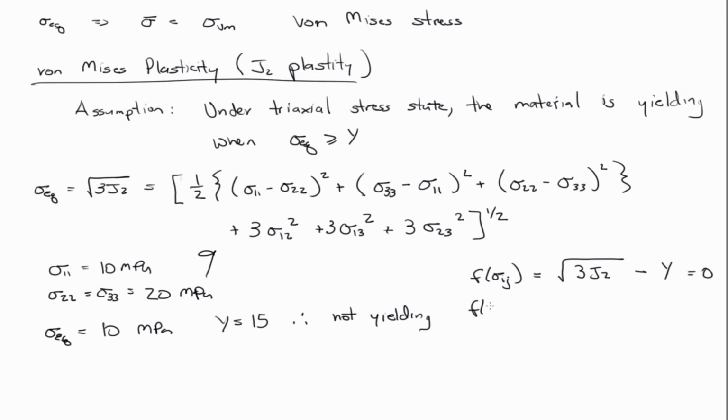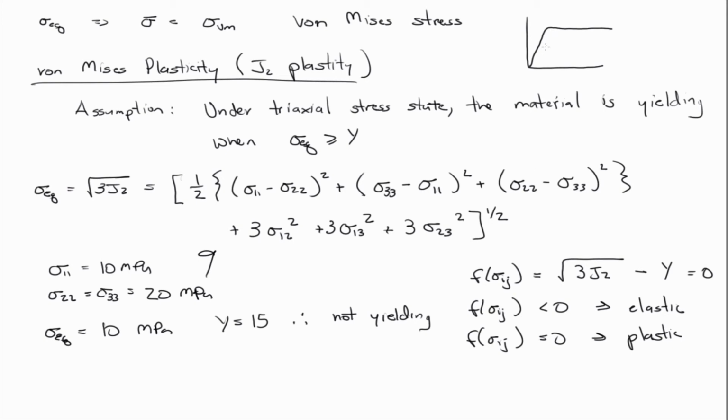So you can have a test that says if this function is less than 0, then your material is elastic. And if this is equal to 0, then it's plastic. And it can actually never be greater than 0, because if you remember, in this case for perfect plasticity, greater than 0 would imply that you're out here somewhere, right? So the stress is either elastic or it's on that line, because in a perfect plasticity model, stress is always y once it's yielding.